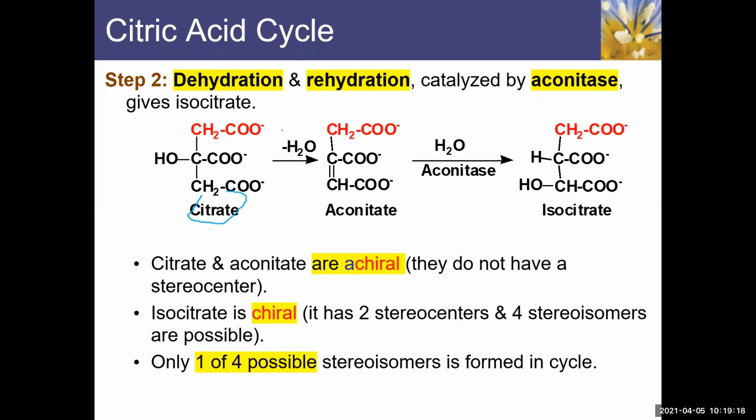Look at this. This OH has been removed. That is why we got a double bond over here, and one H was removed from here. So we removed this OH and this H. So it's a dehydration reaction, and we got the aconitate. Then rehydration. One more hydrogen was added here in presence of the enzyme aconitase, and we got here isocitrate.